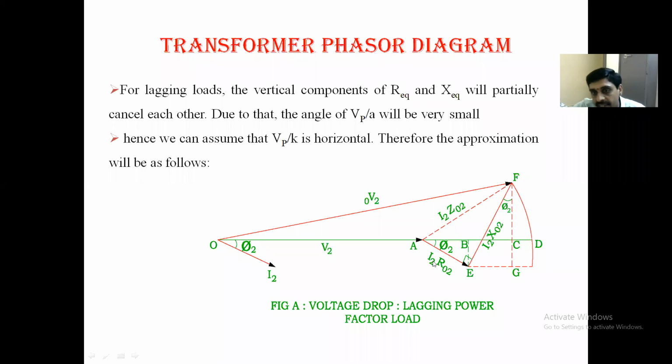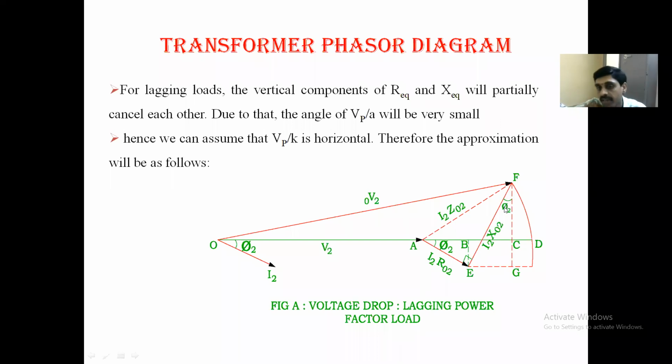We can resolve these factors like this. If you take this angle, this is the power factor angle phi 2, and this is also phi 2. So this horizontal component is I2 R02 cos phi 2. And what is this part? Because you know this is the hypotenuse, if you create a right angle triangle here, if this is phi 2, this is also phi 2.